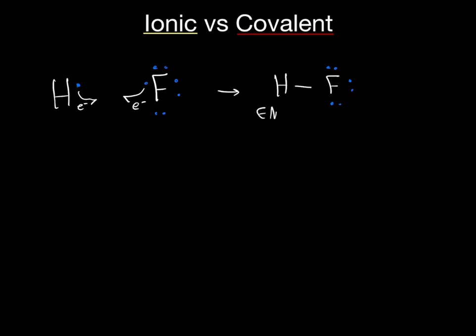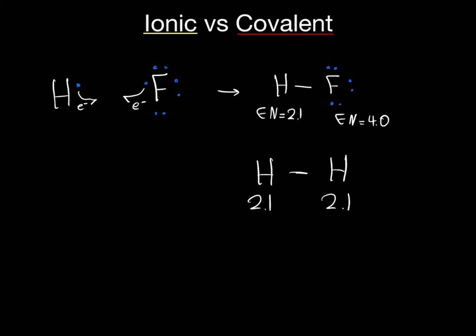The electronegativity of hydrogen is 2.1, and the electronegativity of fluorine is 4.0. This number, electronegativity, represents the strength by which the atom is going to pull the electrons in this bond toward itself. So if we have two hydrogen atoms that are bonded, they are sharing these electrons equally because they're both pulling at the electrons with a strength of 2.1.